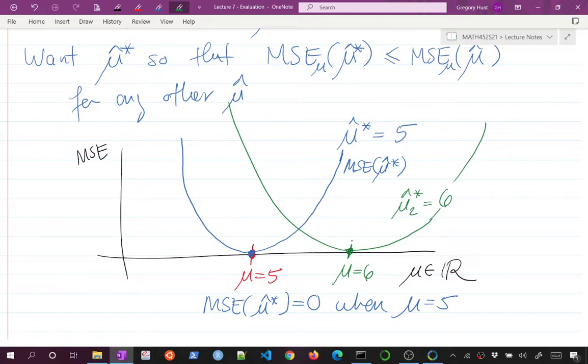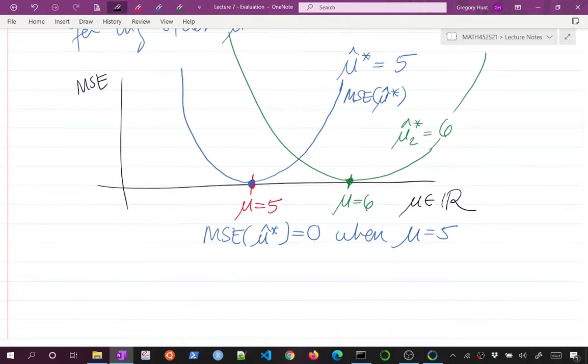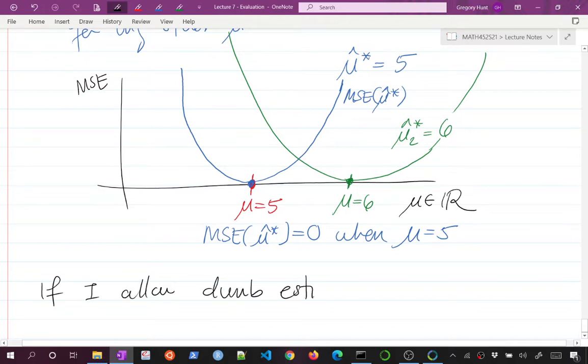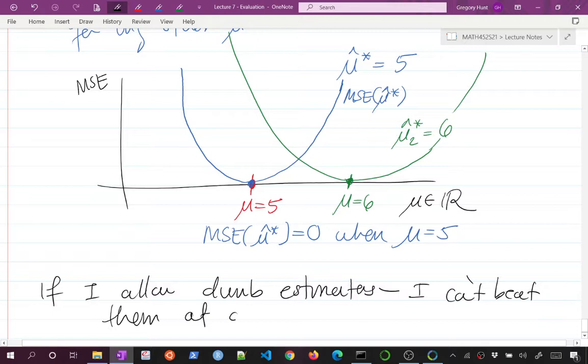And so this points to the fact that you can never beat a dumb estimator like that at all possible values. So my point here is that if I allow, we'll call them dumb estimators, I can't beat them at all possible values of mu.